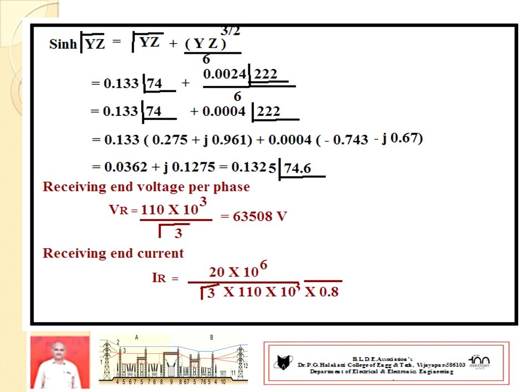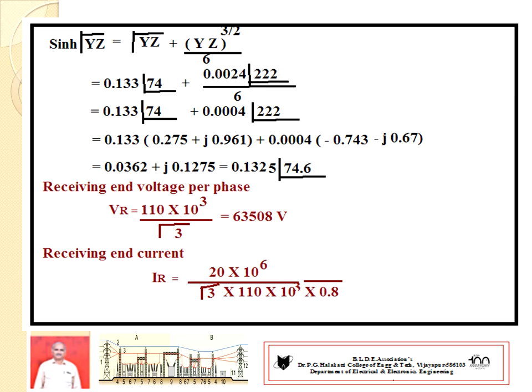Then as usual, you calculate VR and IR. Receiving end calculations: the receiving end given voltage is line voltage. We need the receiving end per phase value. Therefore, VR equals line voltage divided by root 3. You get 63.5 kilovolts. Similarly, receiving end power and power factor are given.